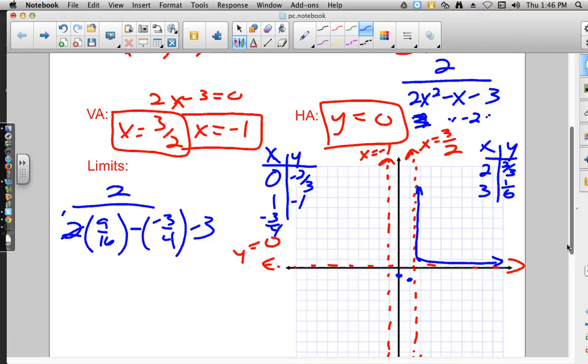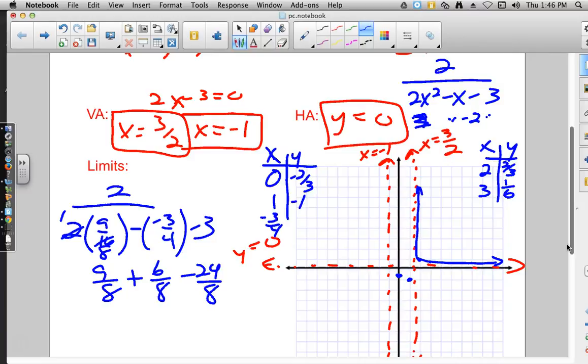So here we could do a little bit of canceling and get 9/8, and minus a negative is going to make that a plus. And I'm going to go ahead and multiply the numerator and the denominator of that by 2 to get 6/8. And then we would have minus 24/8, which would give us the 3.